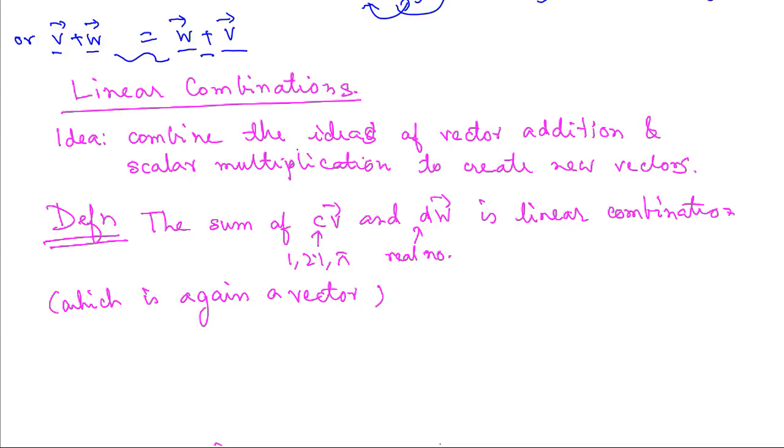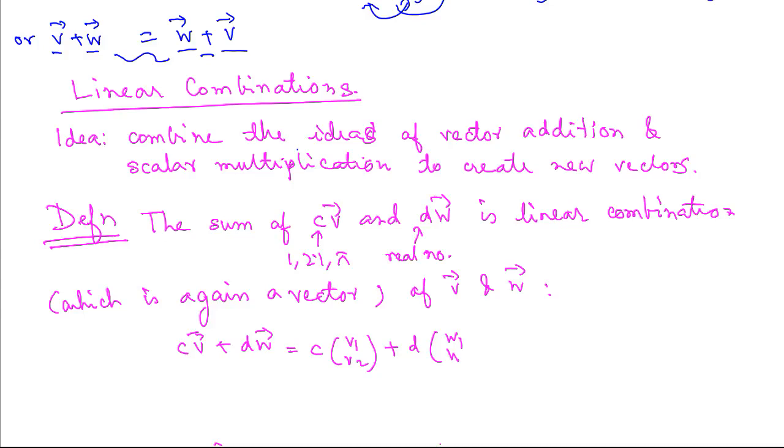Linear combination of v and w, such that we say that cv plus dw can be defined as c times (v1, v2) plus d times (w1, w2), right?